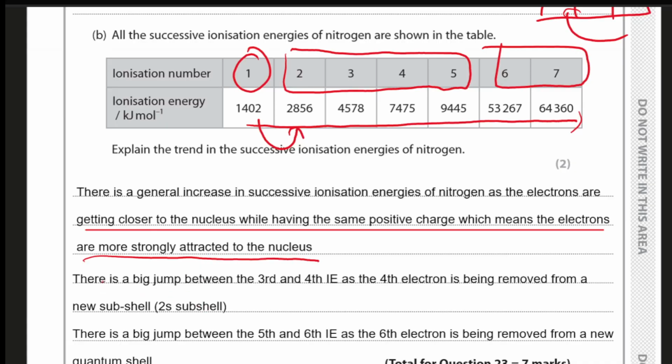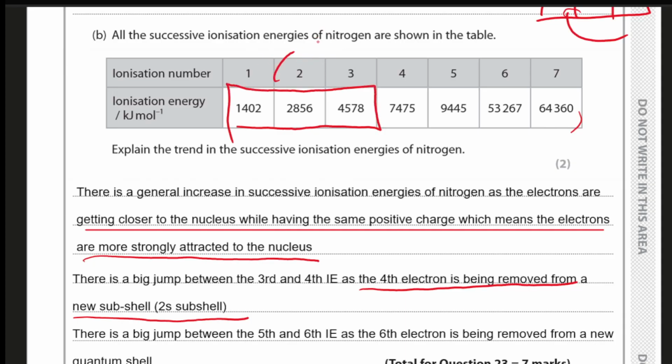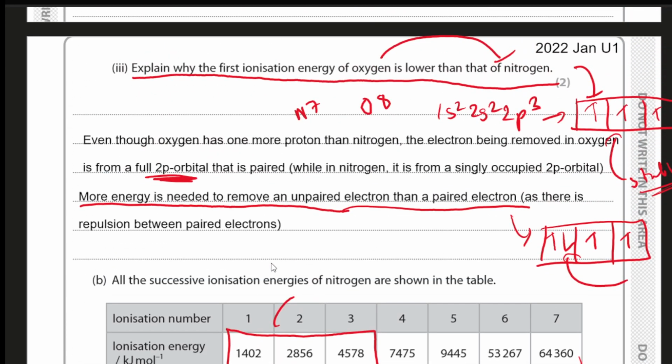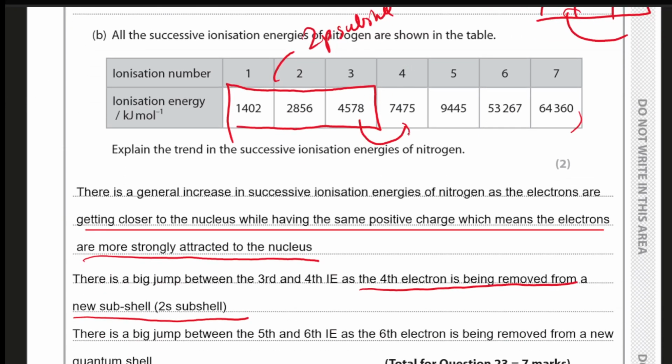Now if you check down here, there is a big jump between the third and fourth ionization energy, as the fourth electron is being removed from a new subshell. After the 3 electrons get removed from the 2p subshell, as stated above, we see a big jump, about 5673, which means the fourth electron is being removed from a new subshell, which is obviously the 2s subshell.